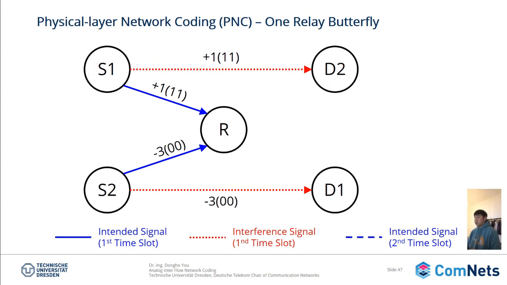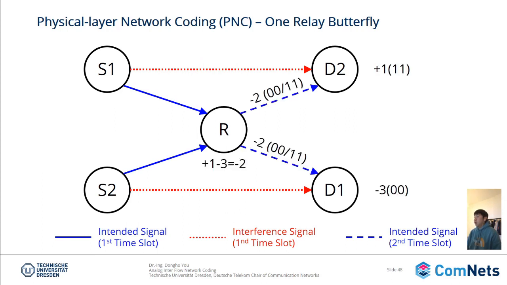So they can listen to the other transmitter's signal directly, but it's not the desired signal, so it's actually an interference signal for them. In the next time slot, each destination node receives the superposed signal from the relay node. However, they already have the interference signal, so they can use that signal somehow.